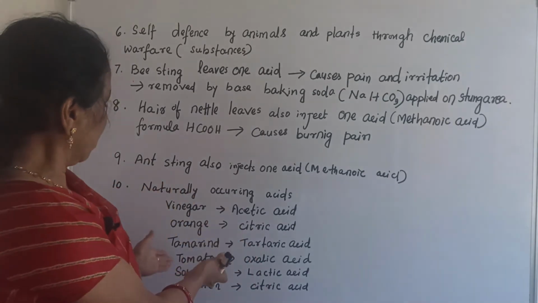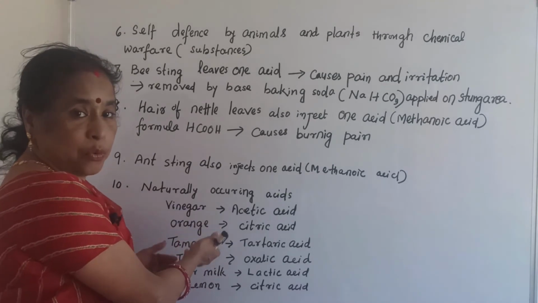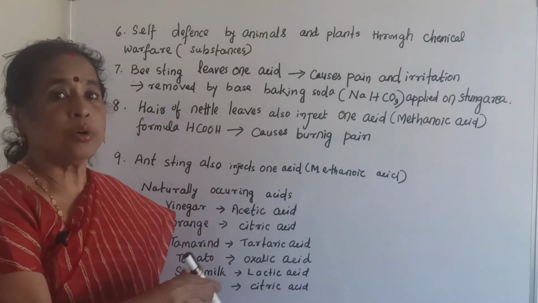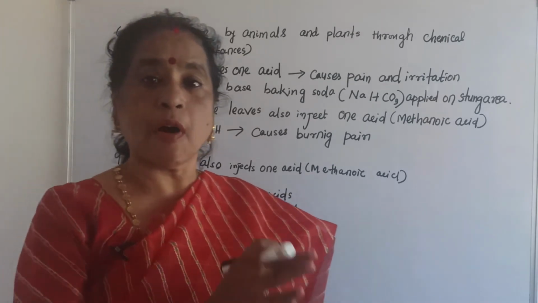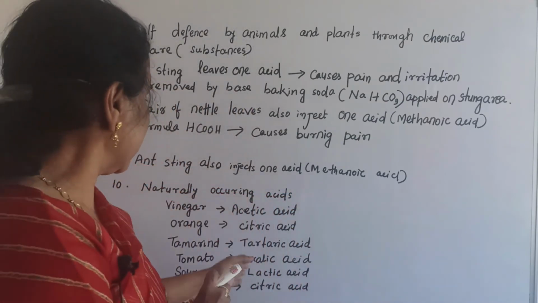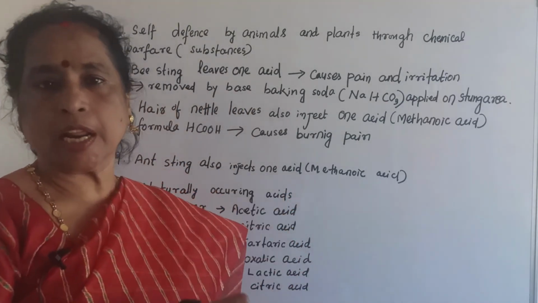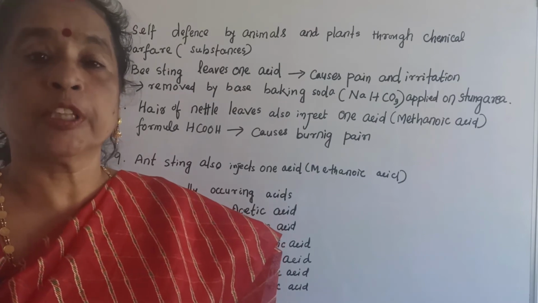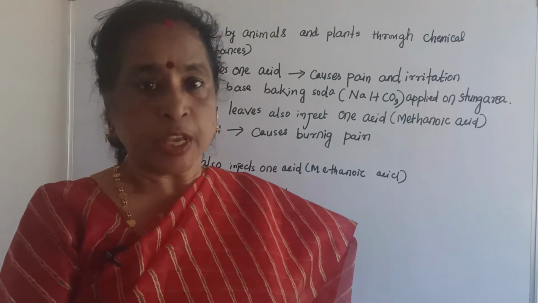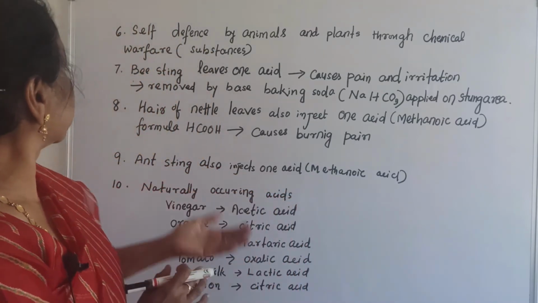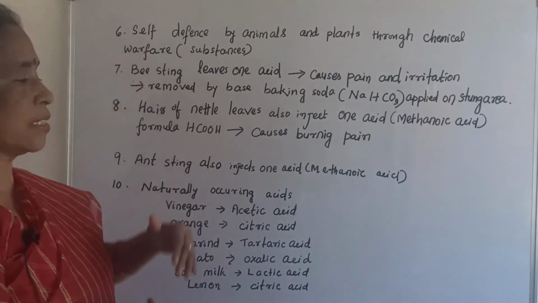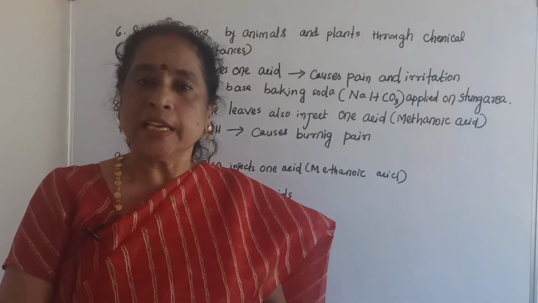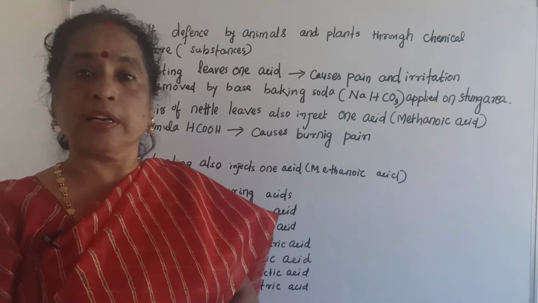Now you can see different types of fruits and other substances which we use in daily life. All contain a little amount of different types of acid which are helpful for the growth of the body.